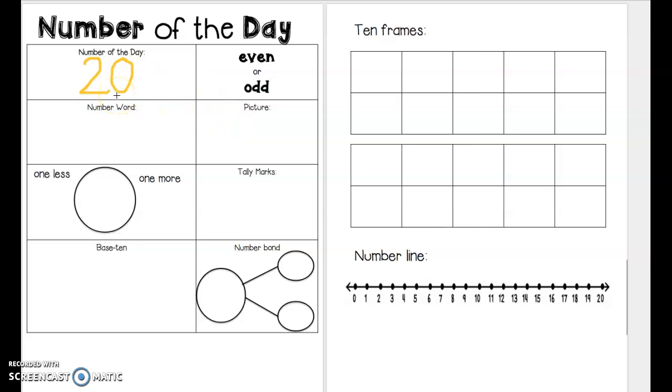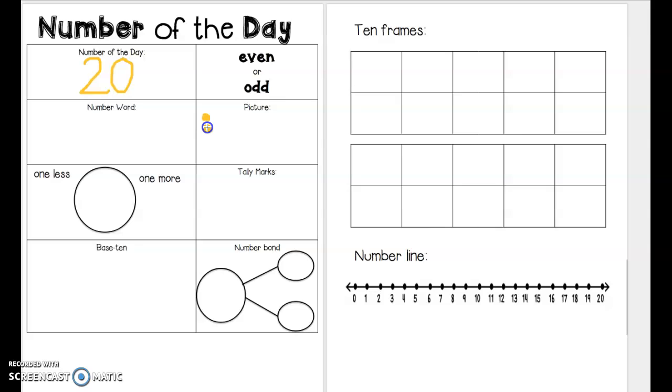So we're going to have to think about if we could count by 2s to get to that number, to decide if it is even or odd. So if we counted by 2s to get there, I'm just going to draw little circles. So if I drew 20 items, let's see if I counted by 2s, if I could get to 20.